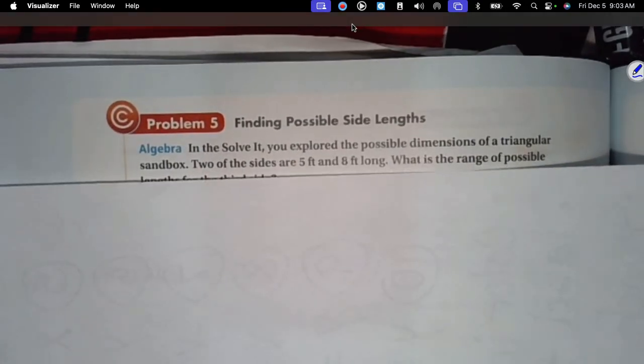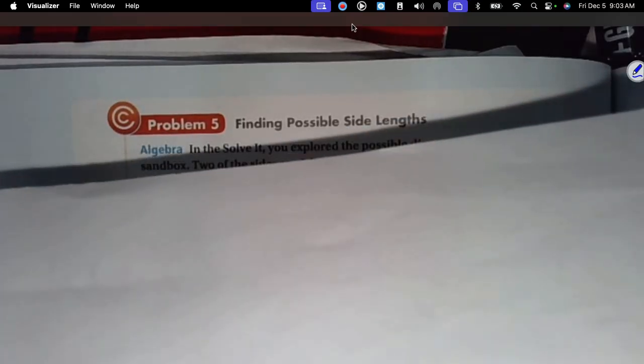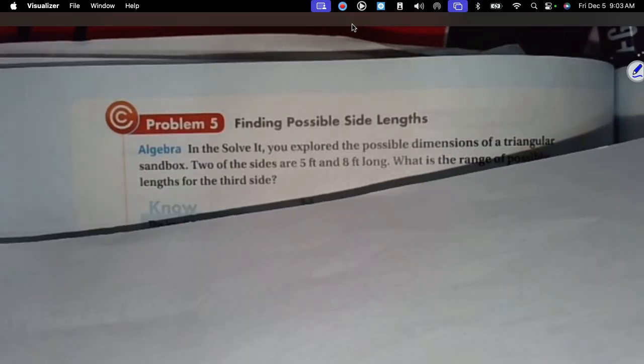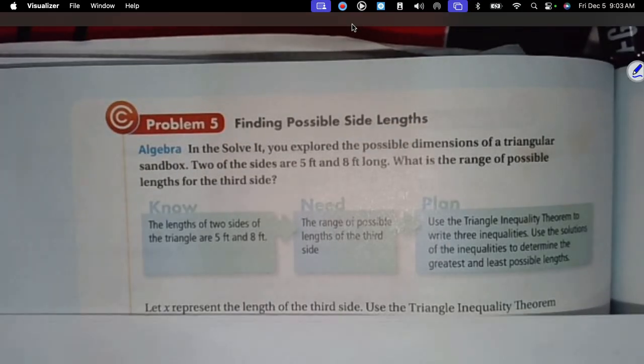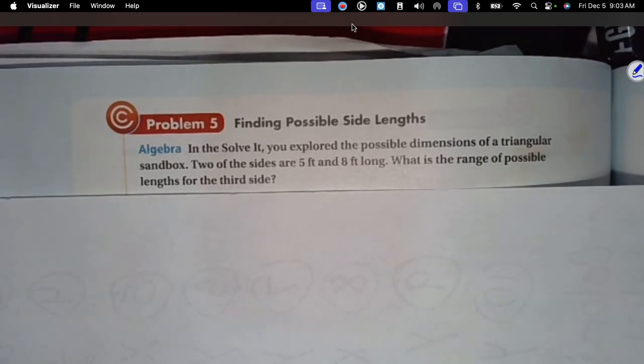Okay, it says 2 of the sides are 5 feet and 8 feet. What's the range of possibilities? So I think I would do 3 little inequalities.